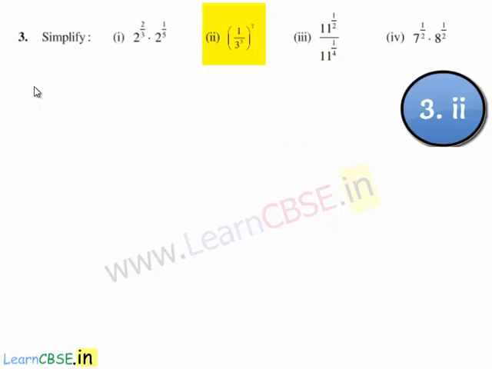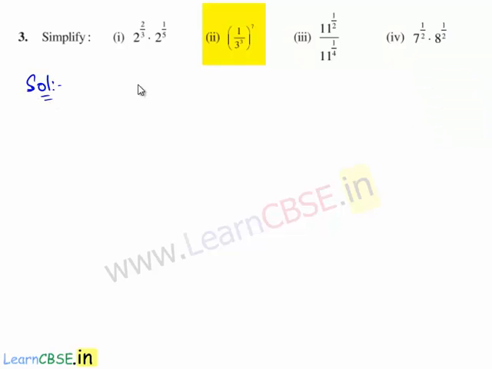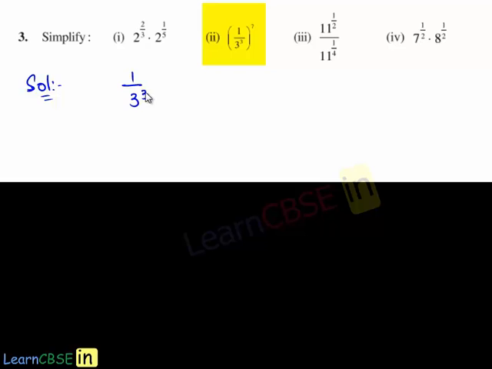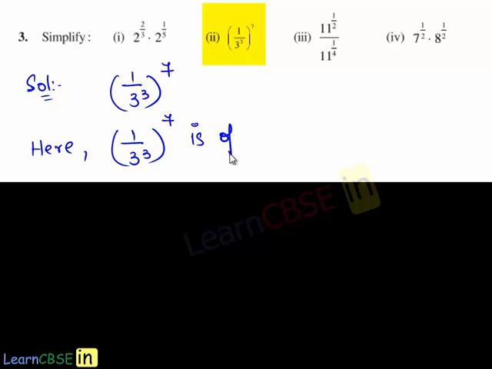Now let us move on to the second bit of the question. So the second bit is simplify 1 by 3 raised to the power of 3 whole raised to the power of 7. Here 1 by 3 raised to the power of 3 whole raised to the power of 7 is of the form a by b whole raised to the power of m.